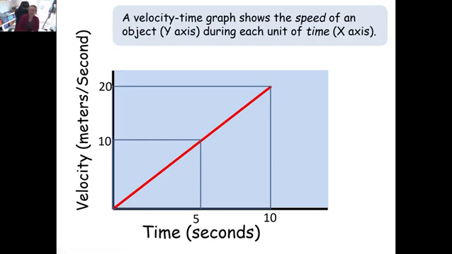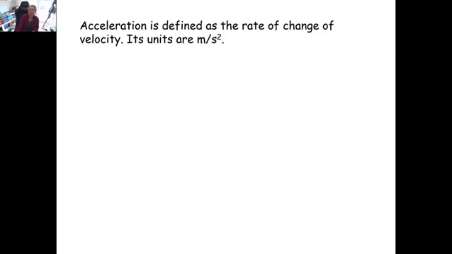Now, one of the other key facts that you need to understand from this lesson is talking about acceleration. So what do we mean by acceleration? Well, quite simply, acceleration is defined as the rate of change of velocity, the rate at which velocity might change.